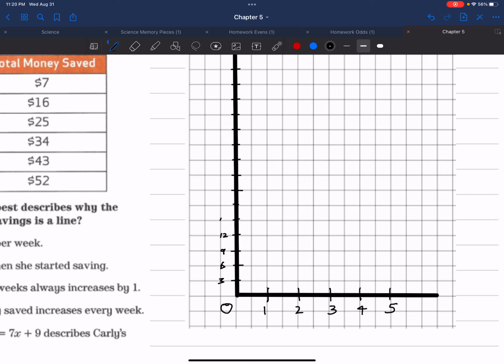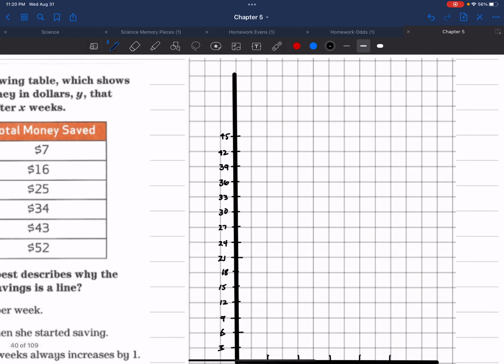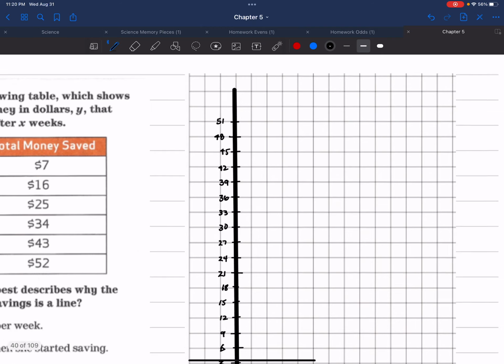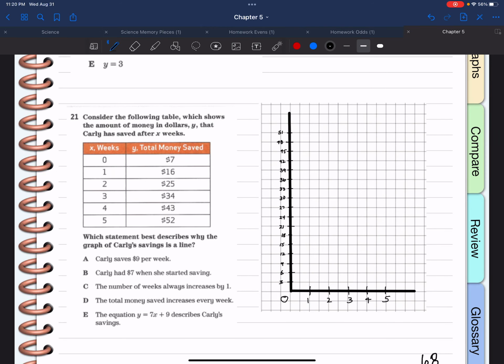Let me keep going: 48, 51, and then 52 would be up there.